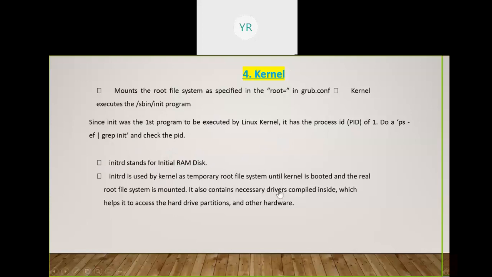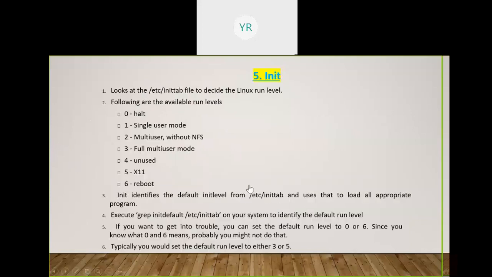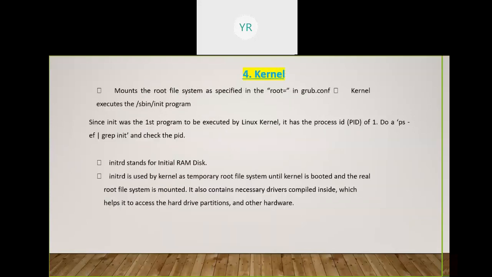It has some drivers. These drivers are useful to access the hardware partitions, so that later the kernel will mount the original root file system. The purpose of this initrd is to act as a temporary root file system to load the kernel, up to the kernel being booted.